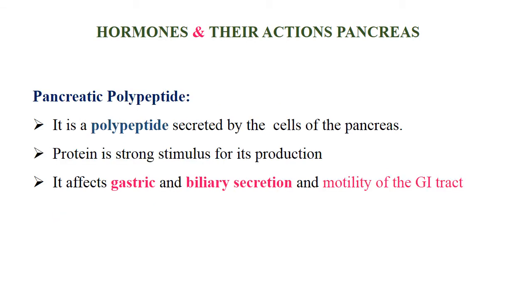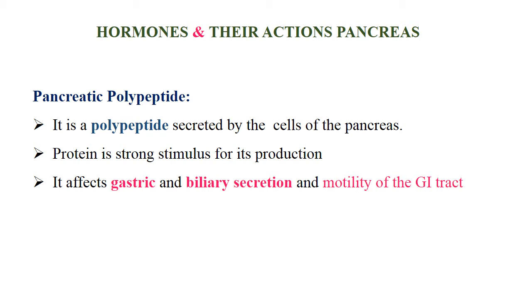In addition to the alpha cell, beta cell, and delta cell, there are a few other cells present. Those are PP cells, pancreatic polypeptide cells, which secrete pancreatic polypeptide, a protein form.